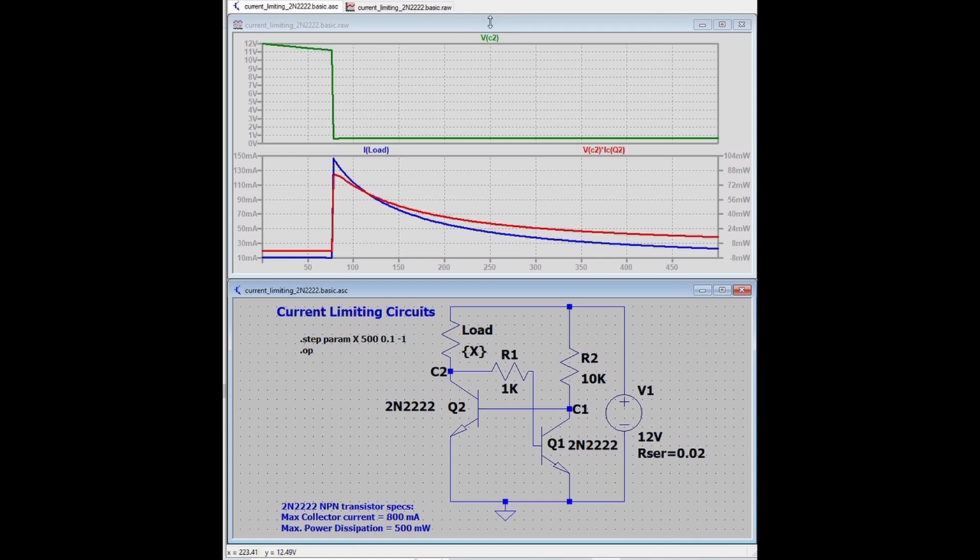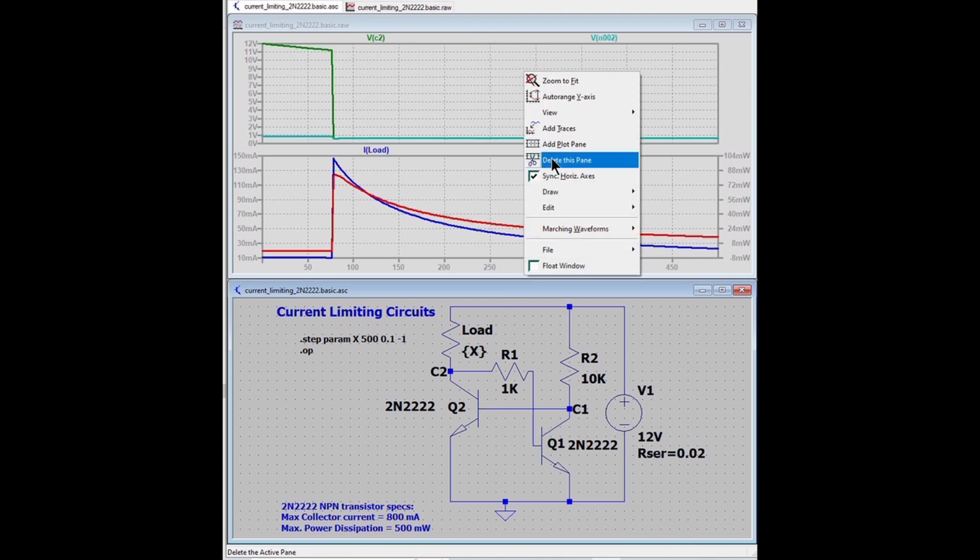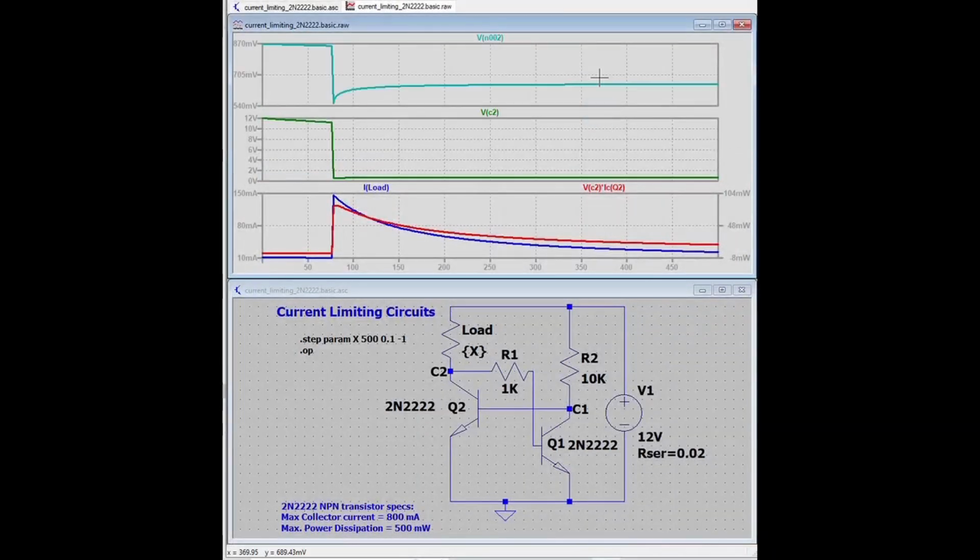When Q2 goes out of saturation, the circuit triggers. This is caused by the voltage between the base and emitter of Q1 rising above a certain threshold.